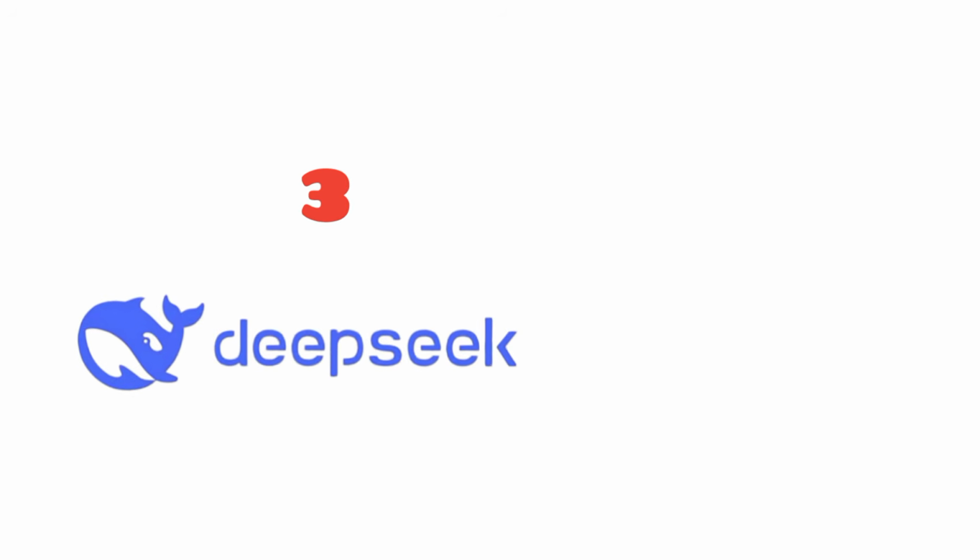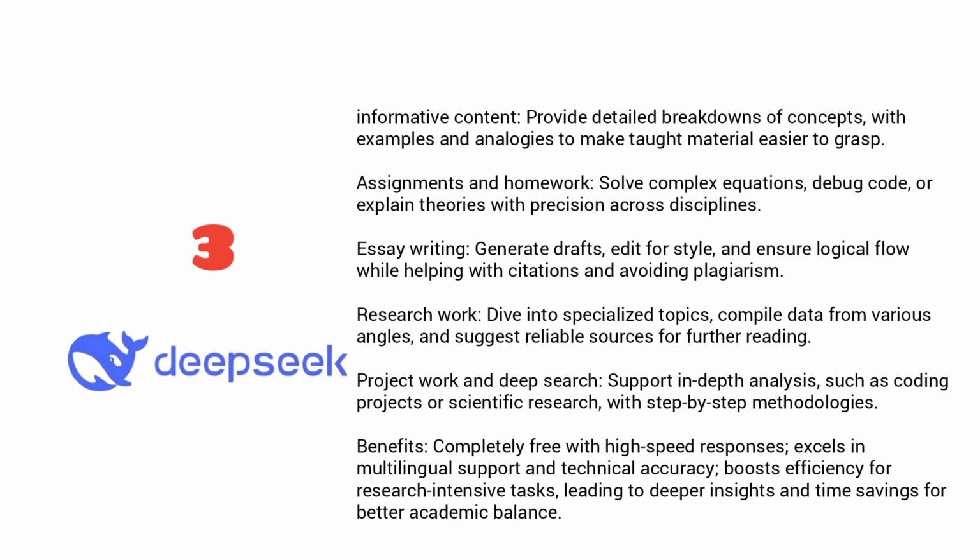It can search for informative content where it provides detailed breakdowns of concepts with examples and analogies to make taught material easy to grasp. It can also help in solving complex questions, debugging codes, or explaining theories with precision across disciplines. It can also help generate drafts, edit for style, and ensure logic flow while helping with citations and avoiding plagiarism during essay writing.